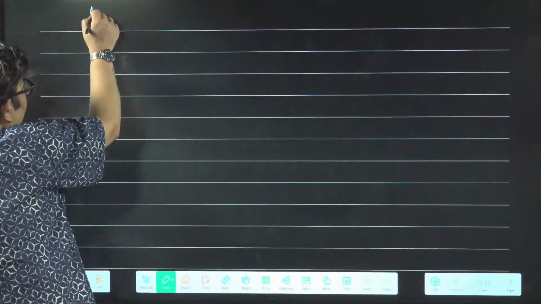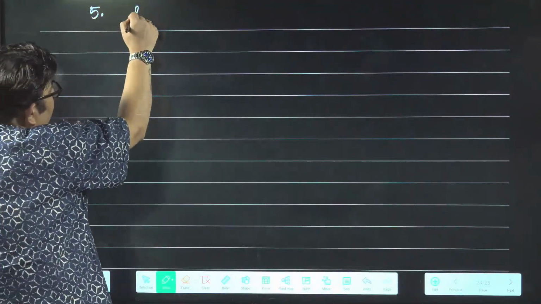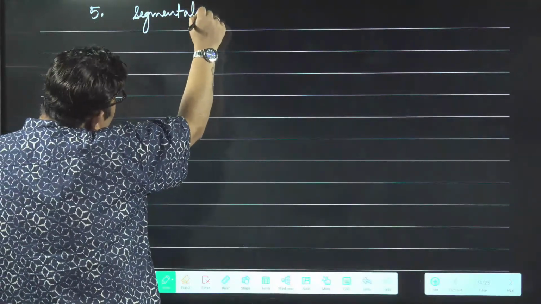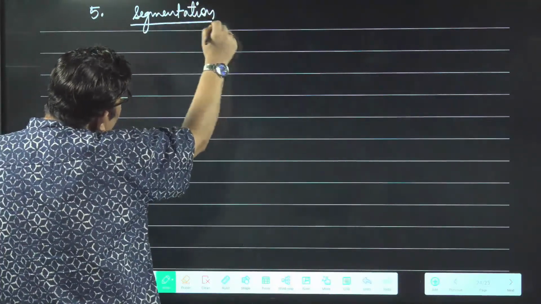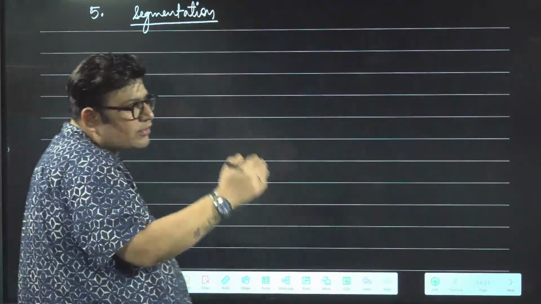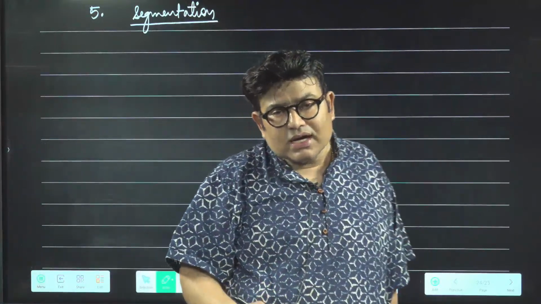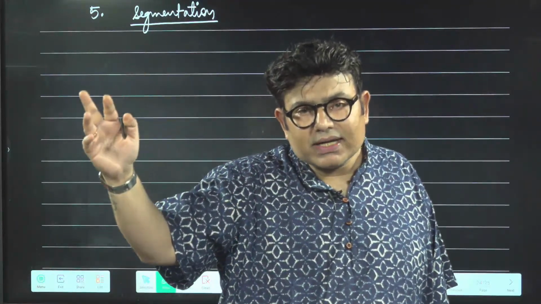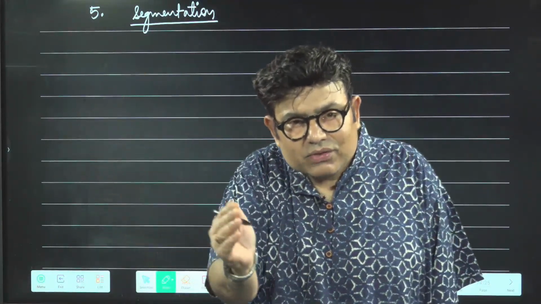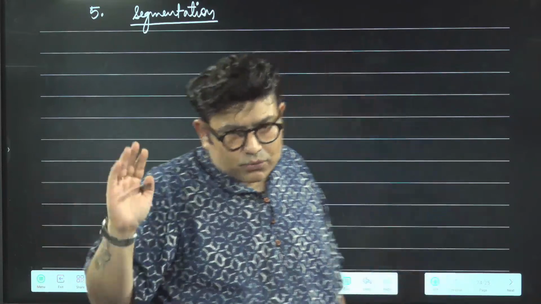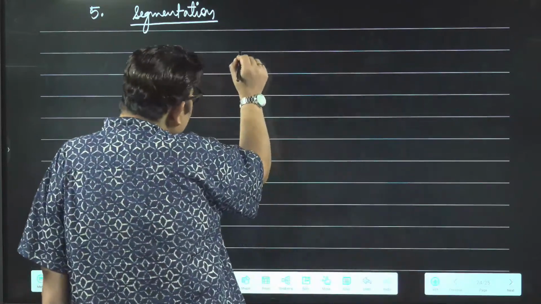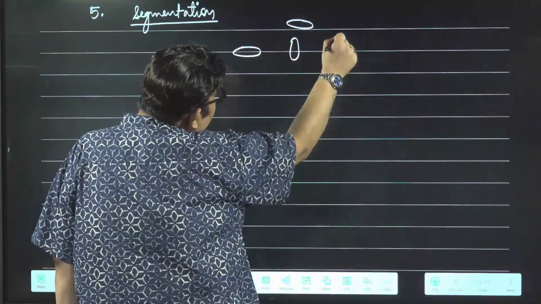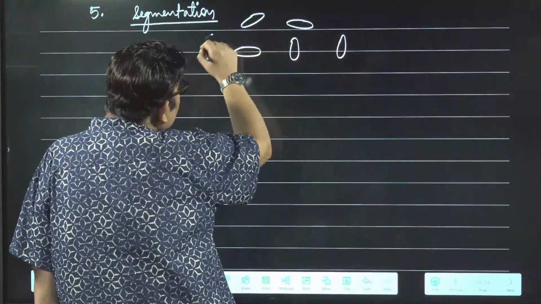Let me come to the other basis of classification, number 5, and this is segmentation. Very easy. If you closely observe some animals, you will find that their bodies are formed as if once upon a time they were independent organisms, and now they have come closer and become fused.